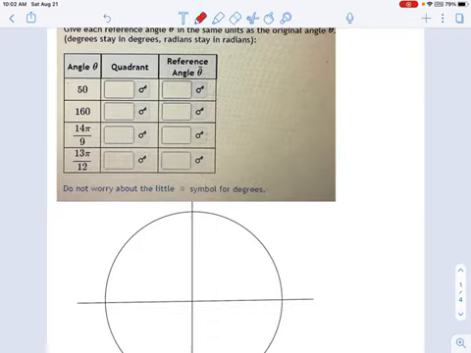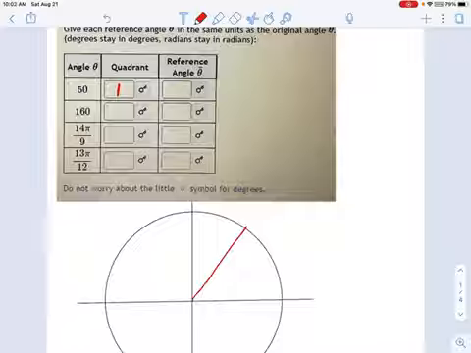Let's use this first one as an example, 50 degrees. Well, I know 45 is like that, so 50 degrees is just a little bit more, right? So call that 50. That's obviously in quadrant 1. Now what's the reference angle to it? If you remember in class, the reference angle is the angle between the terminal line and the x-axis.